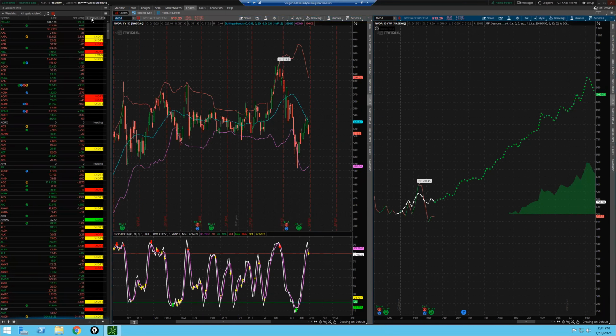The stochastic here will show you when it turns yellow for a yellow short, when the yellow arrow is pointed down. A red short is when the red arrow is pointing down, a green long, and so forth. You can run this every morning if you're trading stocks and say, what are my longs for today once the market opens up?